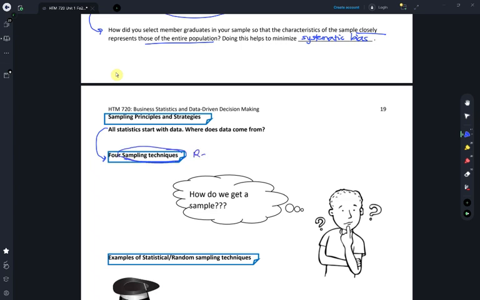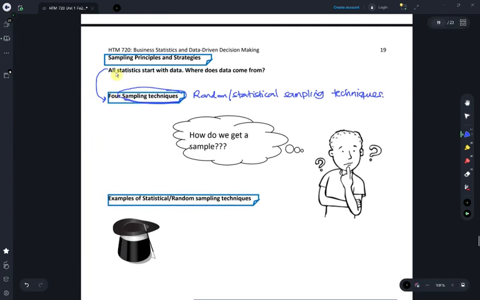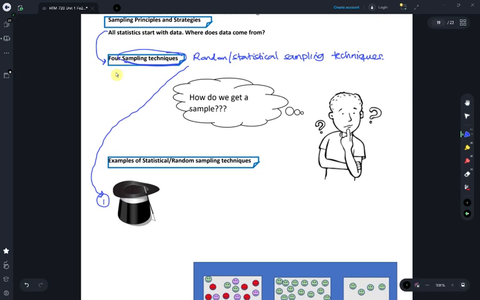These are techniques that, to a reasonable extent, guarantee that the sample selected from the population tends to represent population characteristics, and that minimizes systematic bias in the long run.